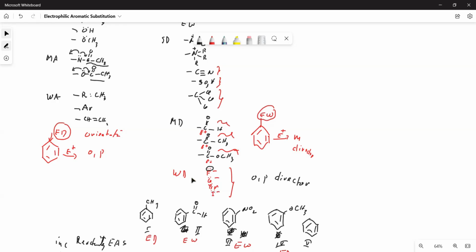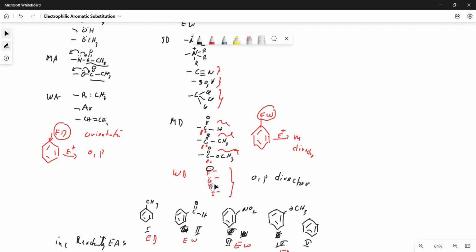But why are they classified as weakly deactivating? Because the halogens have lone pairs. So they can donate electrons to the benzene ring by resonance, but they can also withdraw electrons from the benzene ring by inductive effect. And when we discussed structural effects, we said that for halogens, the dominant structural effect is inductive. So that's why they are classified as electron withdrawing rather than electron donating.